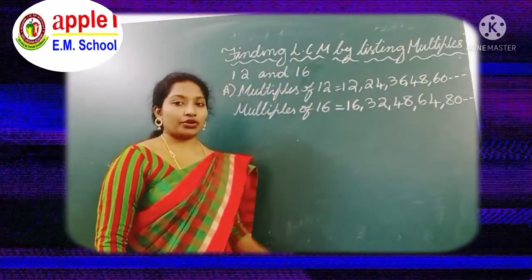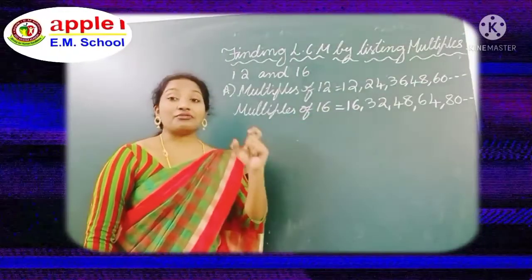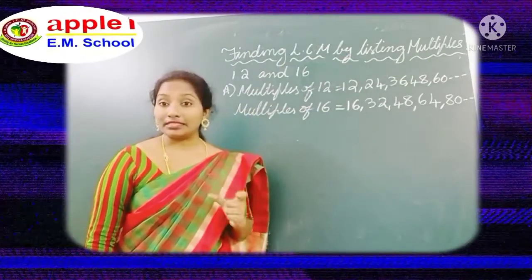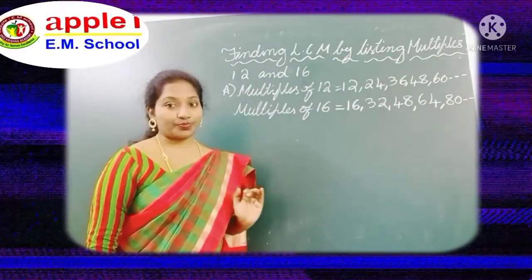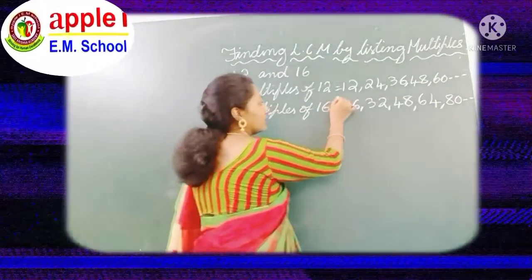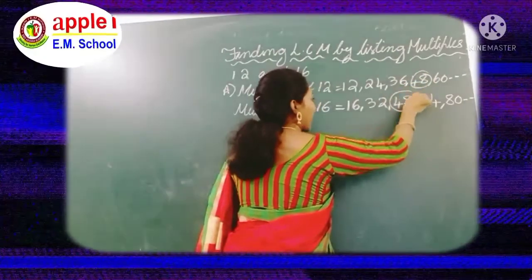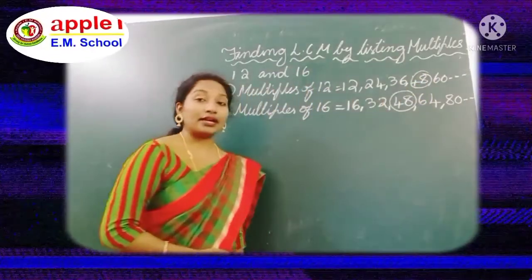No need to write all the multiples. Now see what the common multiples are in these two. Circle them. Here we have 48 as a common multiple.